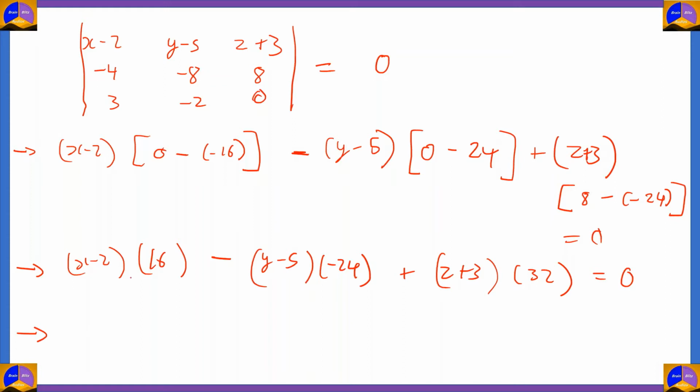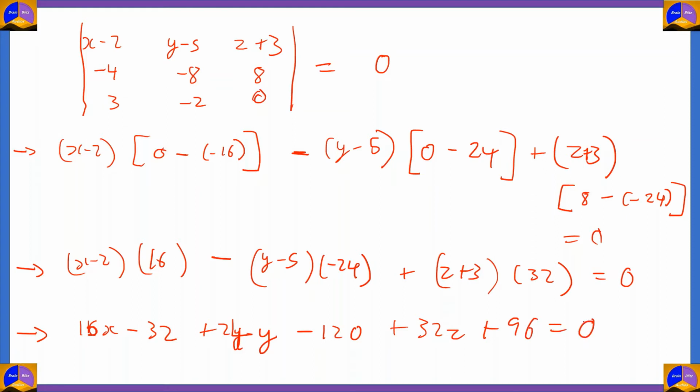Let's multiply. 16 times x is 16x minus 32, and minus of minus 24 is plus 24, so we'll get plus 24y minus 120 plus 32z plus 96 is equal to 0.